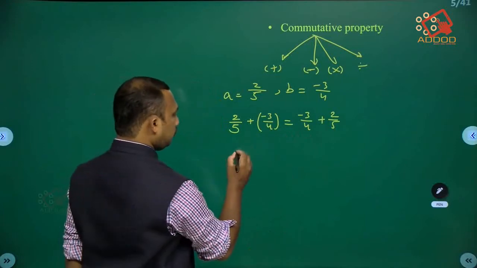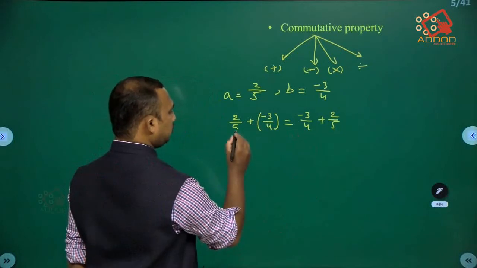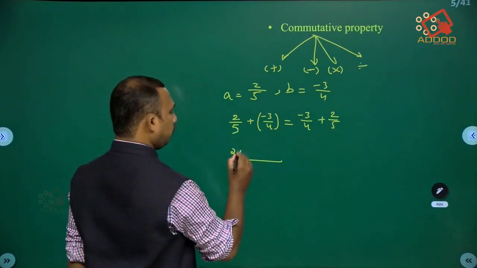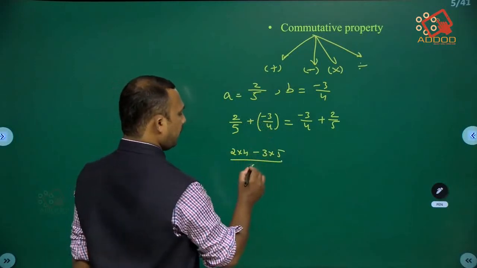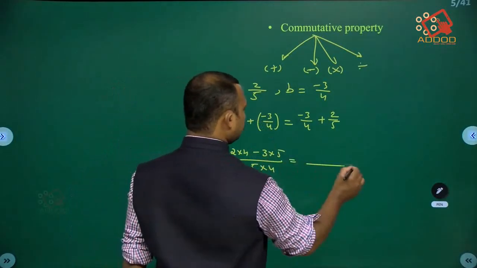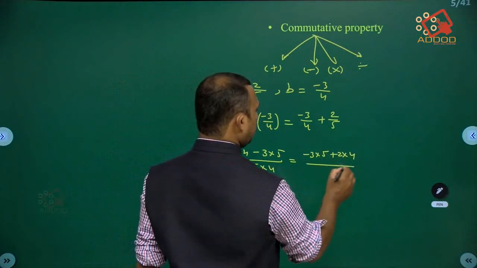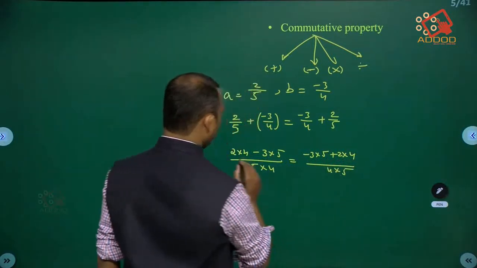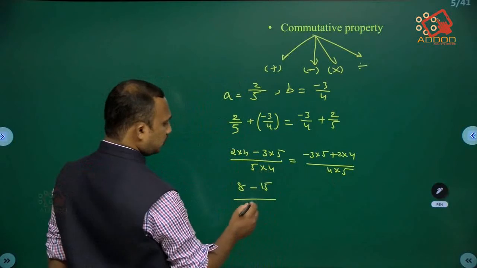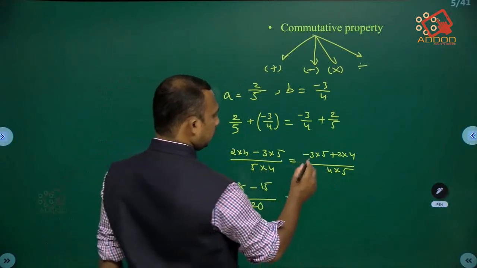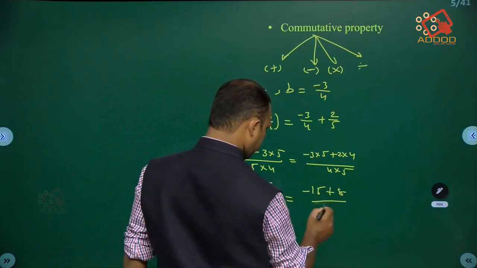So addition, cross multiplication: 2 into 4 plus minus 3 into 5 by 5 into 4 equals minus 3 into 5 plus 2 into 4 by 4 into 5. 2 4s are 8 minus 3 5s are 15 by 5 4s are 20. 3 5s are 15 plus 2 4s are 8 by 20.